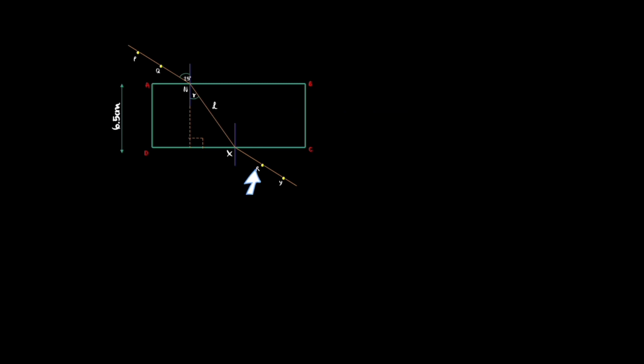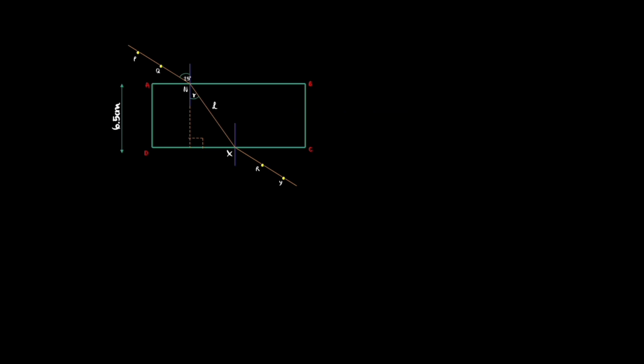Line RY is parallel to line PQ. Okay, so that is not a problem. The issue here is how we can get the accurate angle of refraction so that we can draw the length of our L, the length of that L you are seeing.